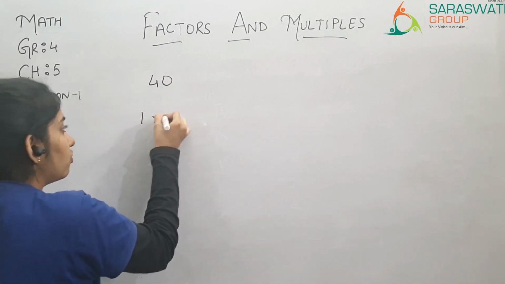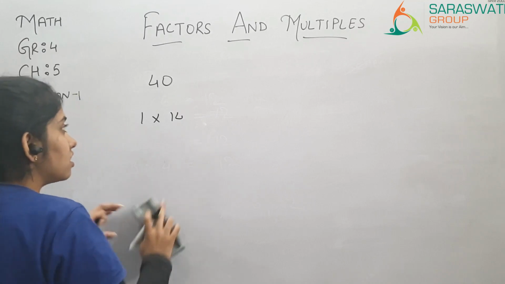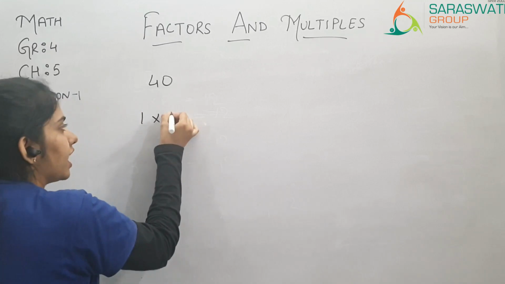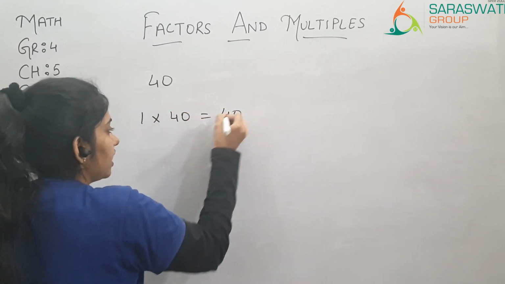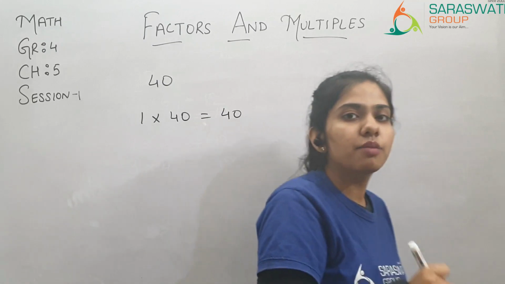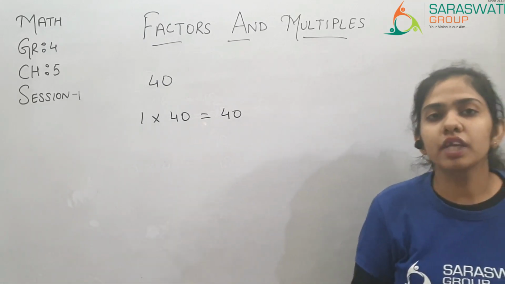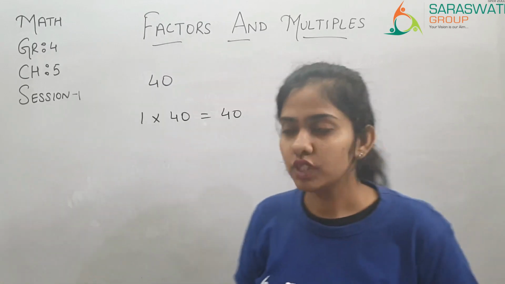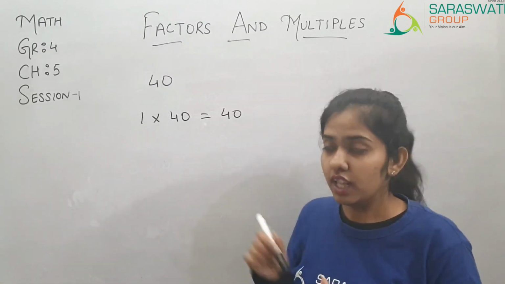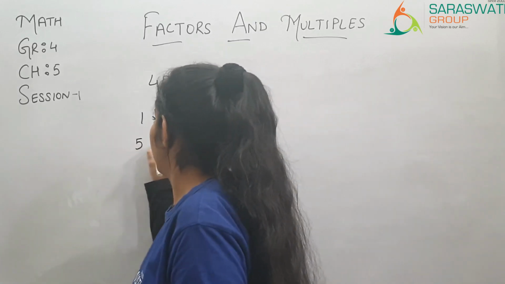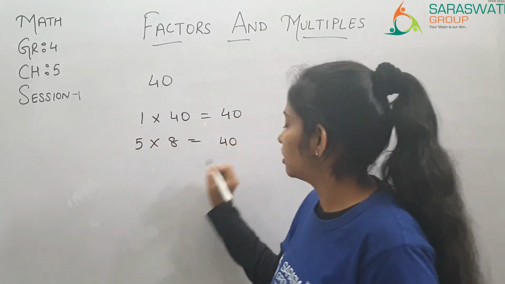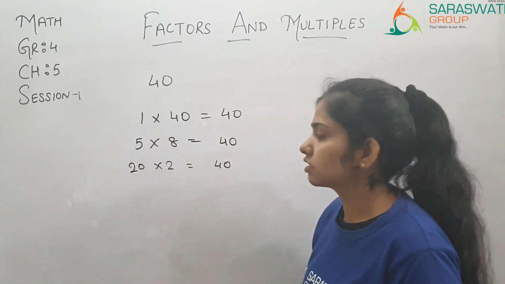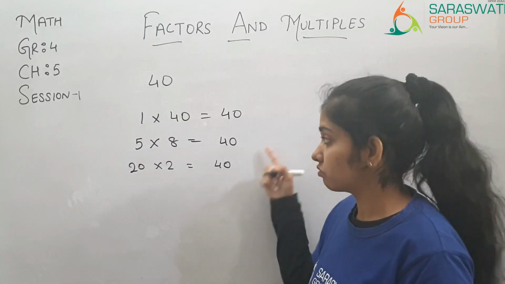So 1 into 40. 1 is a factor of each and every number. એક હંમેશા વાત યાદ રાખજો કે 1 એવો ફેક્ટર છે કે બધા નંબરનો એક ફેક્ટર આવે, કોઈ પણ નંબર હોય. 1 is the common factor of each and every number. 1 40s are 40, then 5 8s are 40, then 20 2s are 40, right?